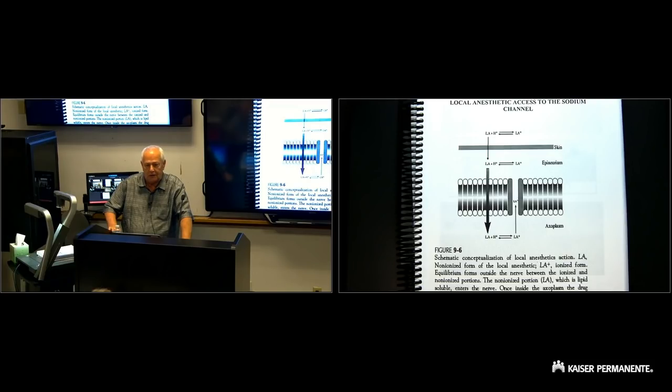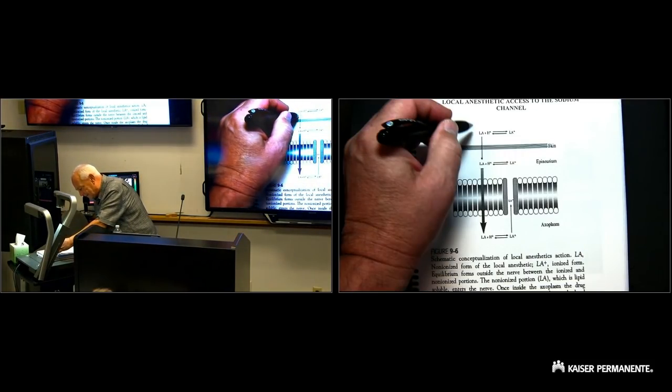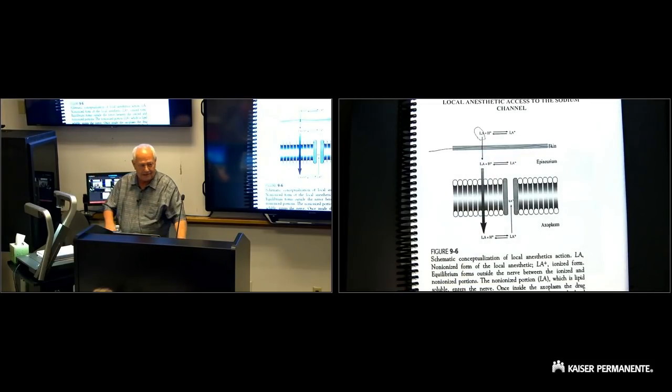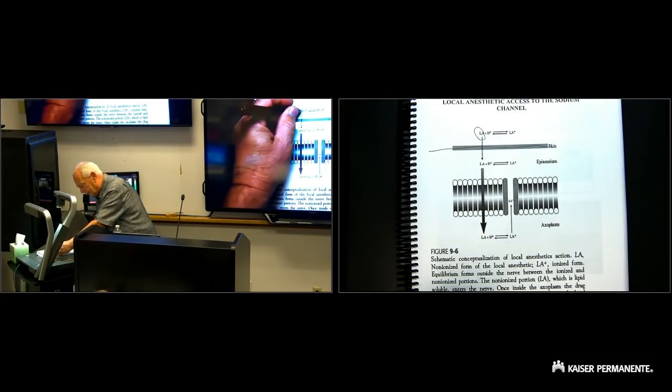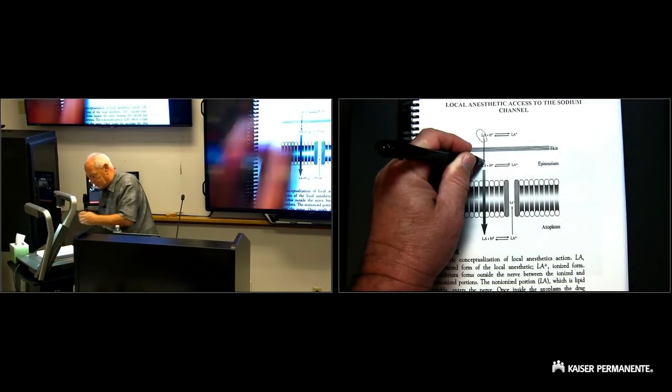So you give them a little injection of local anesthetic in their wrist. Let's pretend this is their wrist, here's the skin. Local anesthetic is denoted as LA. And you draw it up in a syringe and you stick it under the skin, and you inject it.